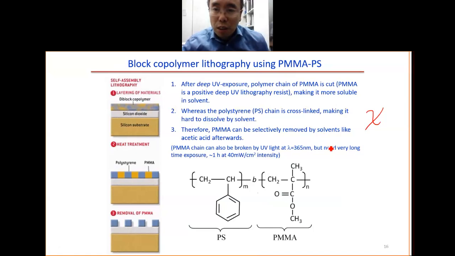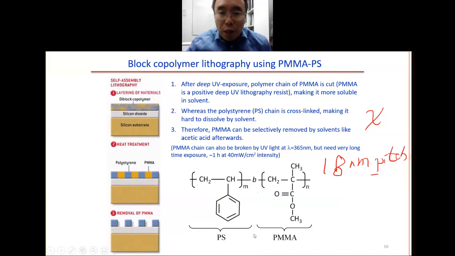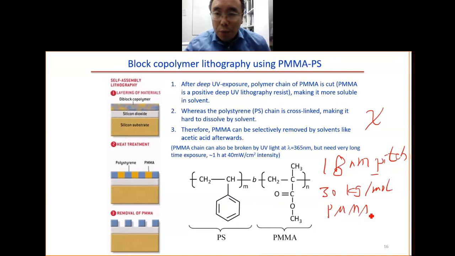Still, it is good. It can give you an 18 nanometer pitch. The smallest pitch for the PMMA and polystyrene block polymer is 18 nanometers, with about 30 kilograms per mole for each of the PMMA block and the polystyrene block.